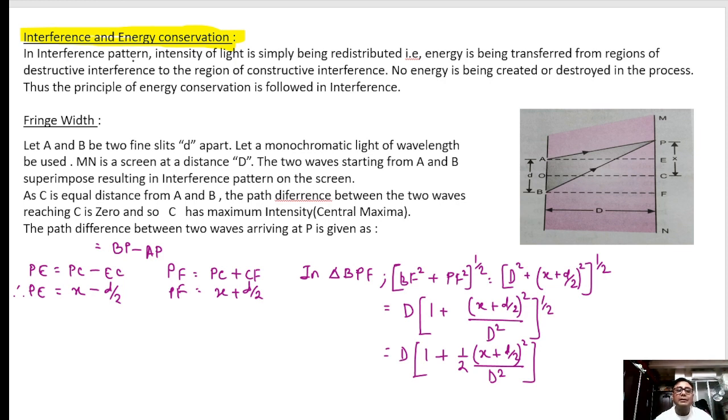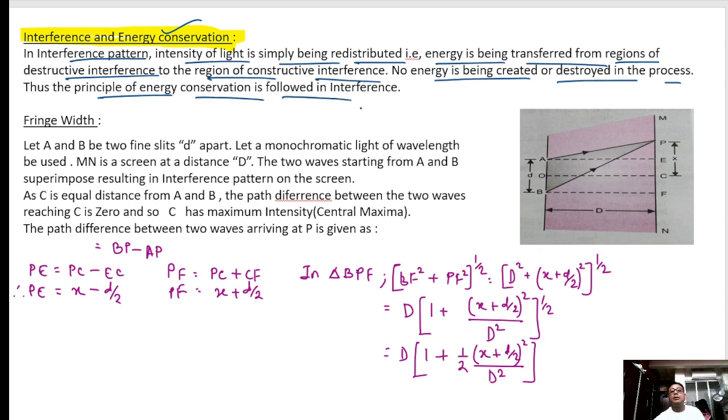So is energy conservation violated? Let us see. In the interference pattern, the intensity of light is simply being redistributed, that is, energy is being transferred from regions of destructive interference to regions of constructive interference. No energy is being created or destroyed in the process. Thus the principle of energy conservation is followed.